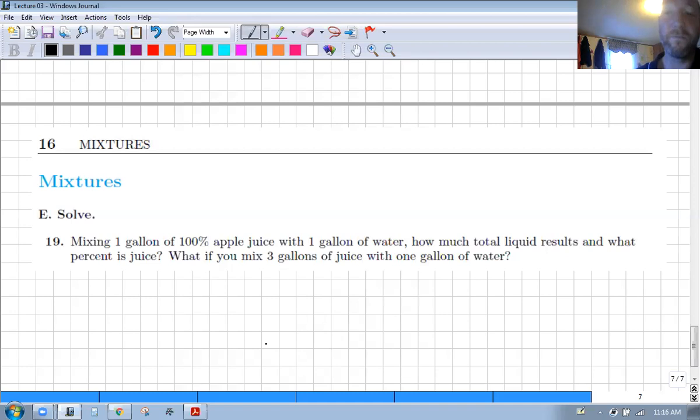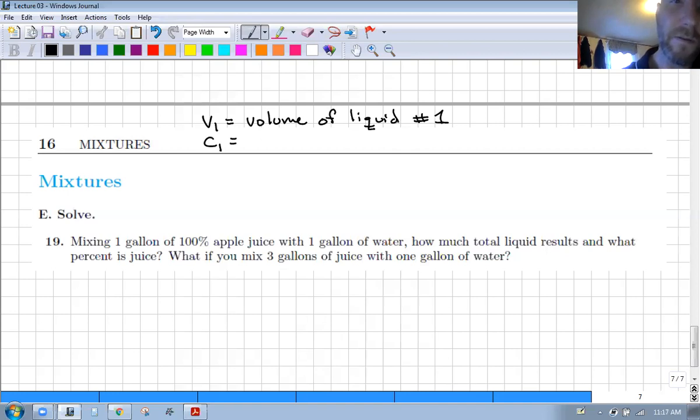So here's the equations you're going to need for mixtures. All right. There's 6 variables here. We're going to say V1 is the volume of liquid number 1.